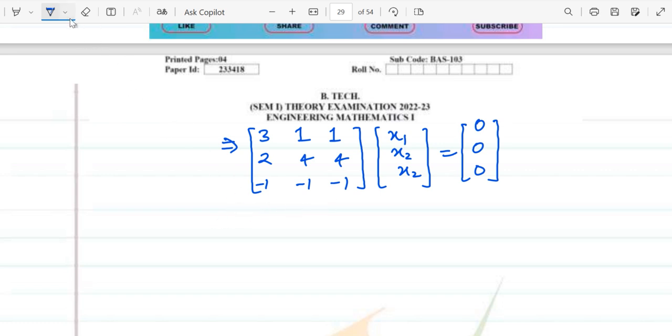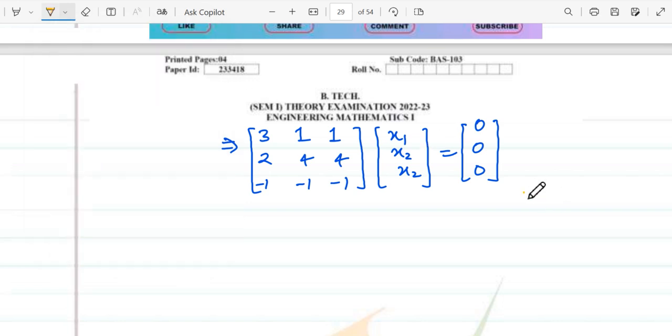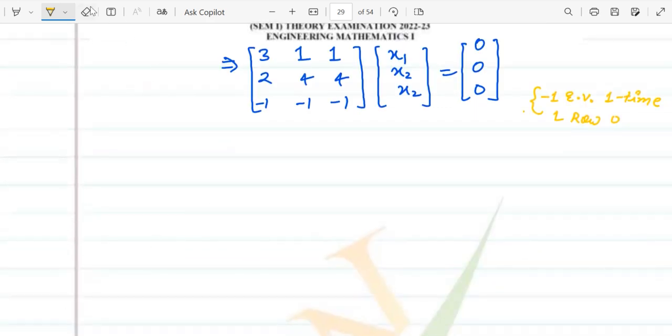Now applying row reduction. यहाँ देख लीजिए, पिछली वीडियो में बताया था 1 minus 1 आइगन वैल्यू 1 टाइम लिखी हुई है, इसका मीनिंग है 1 रो पक्का आपका क्या बनेगा, 0 बनेगा. ठीक, रो रिडक्शन लगा लीजिए.